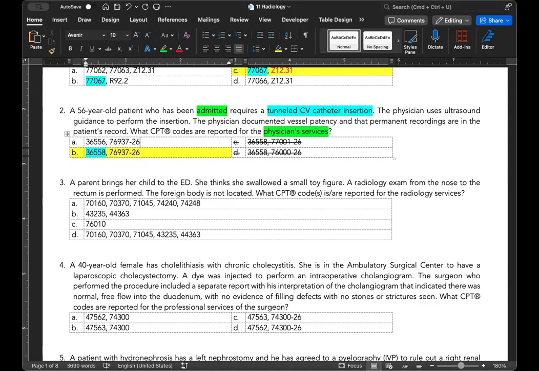They didn't do the arms. They didn't do the legs. They did nose to rectum. So if we look underneath x-ray at nose to rectum, and then they've got a single entry down there for foreign body. Okay. So our CPT code is the 76010. So let's go look and see and make sure that that's our correct code.